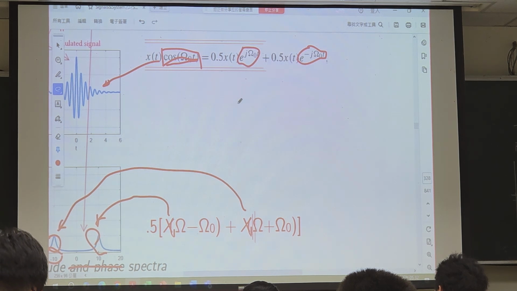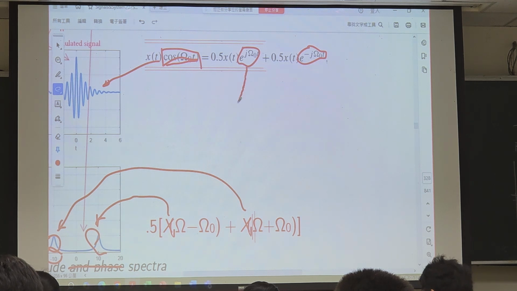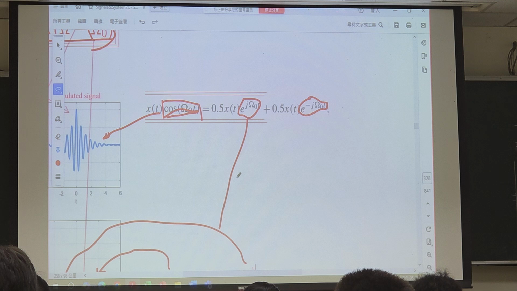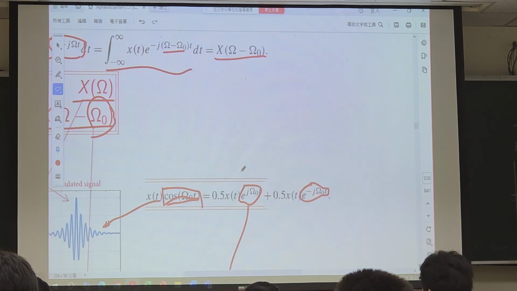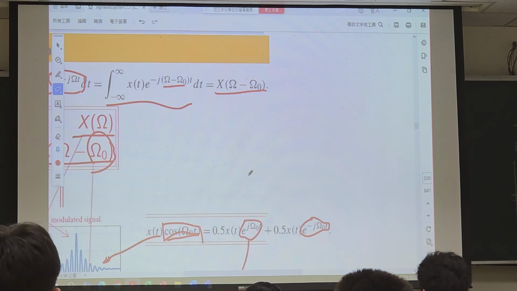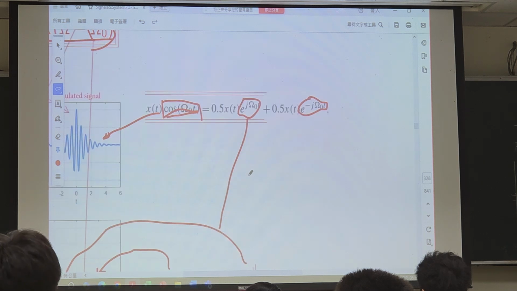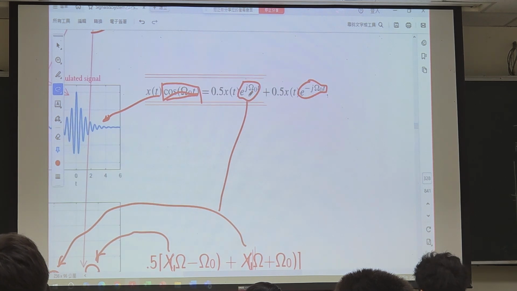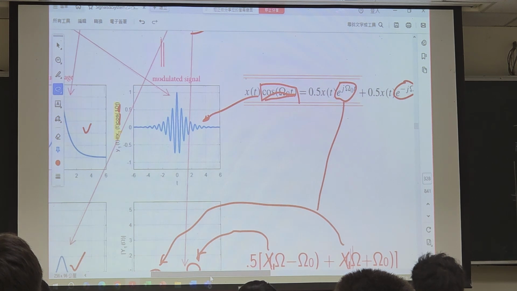And if you take the Fourier transform of this, it will give you the frequency shift. One more time, go back to this.